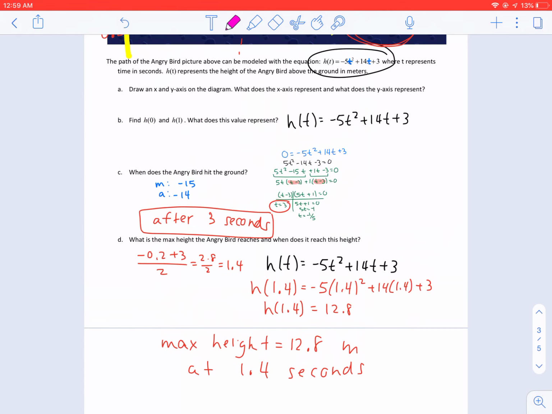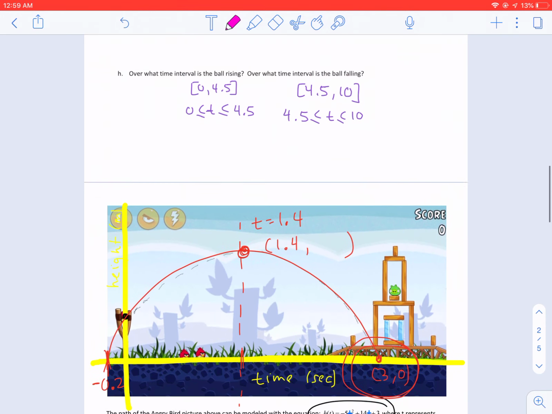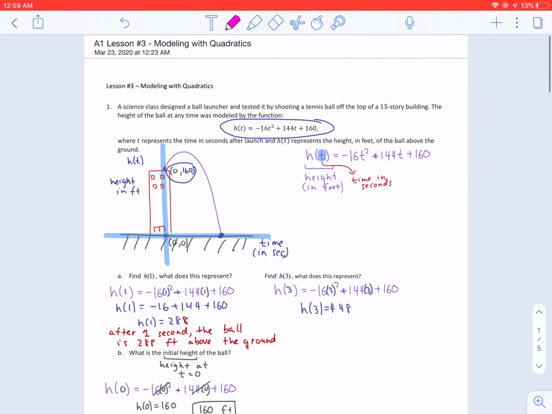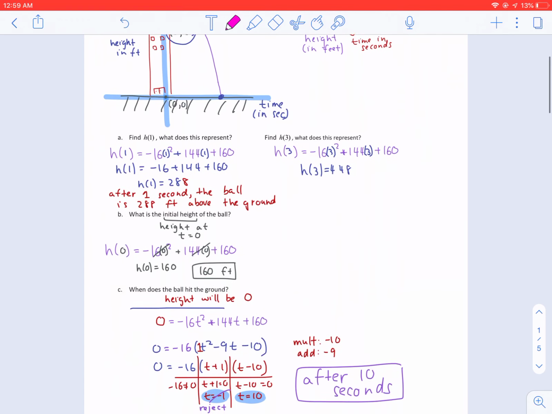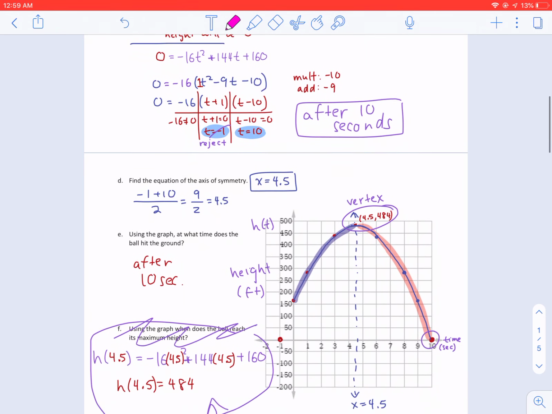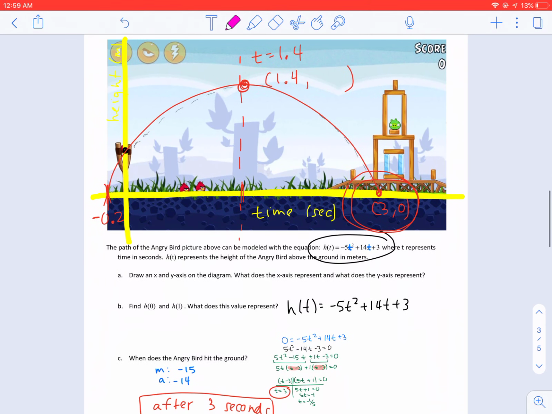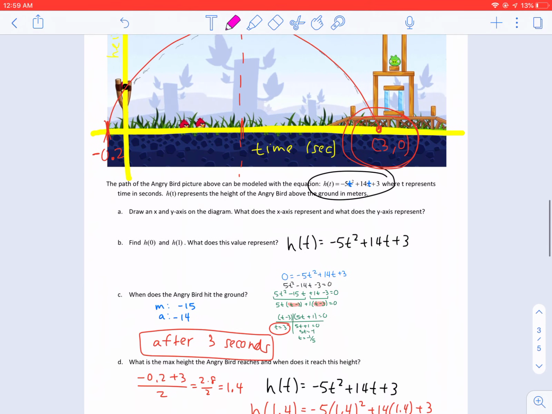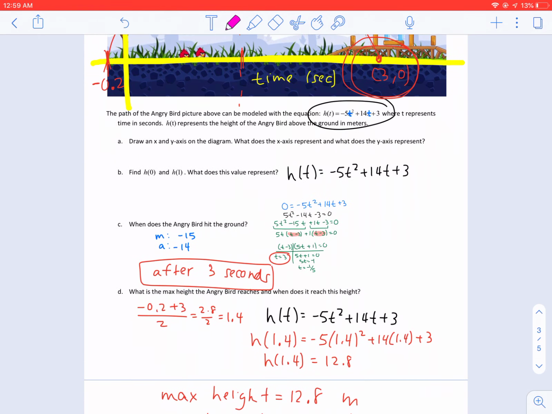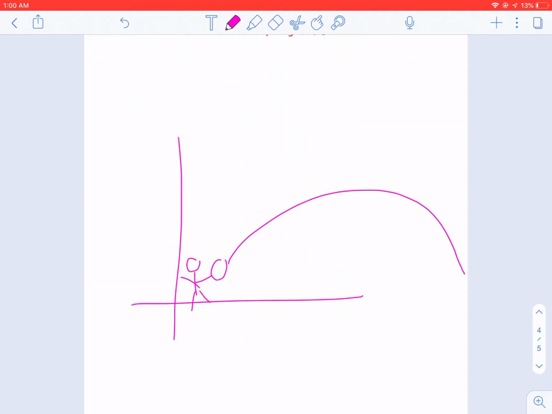Alright, so that is it. That was some of these problems in context. A ball through the air, a football, a soccer ball, a basketball, an Angry Bird. Things that are thrown through the air follow the path of parabolas.